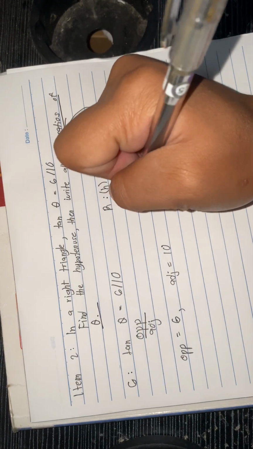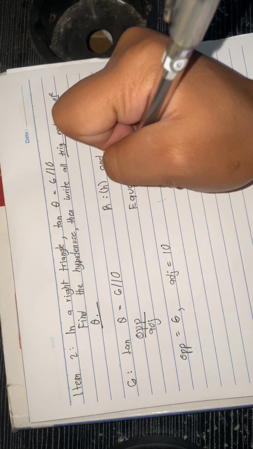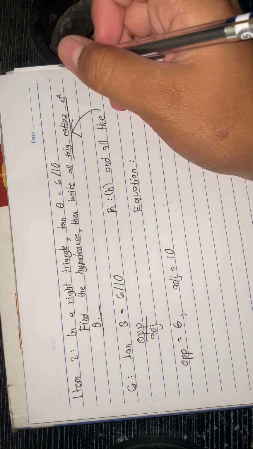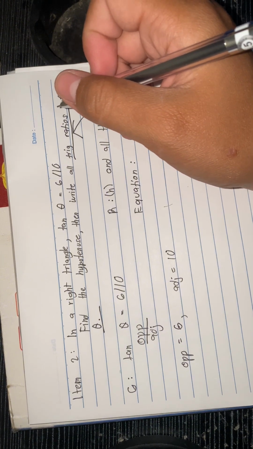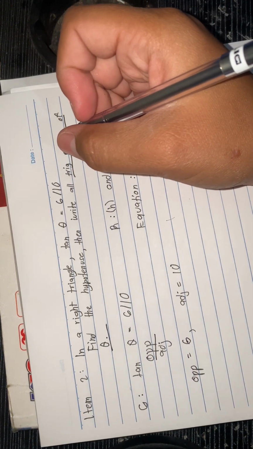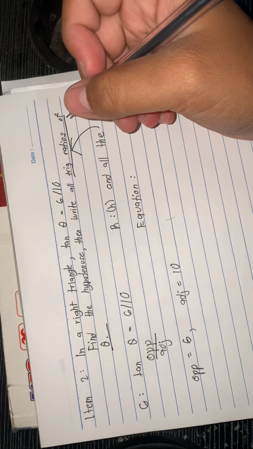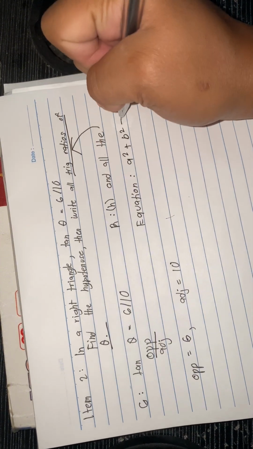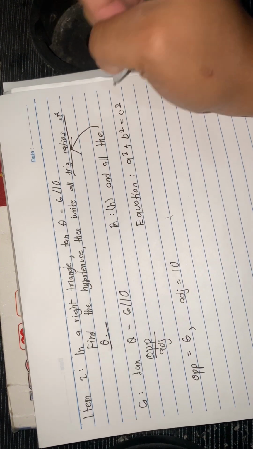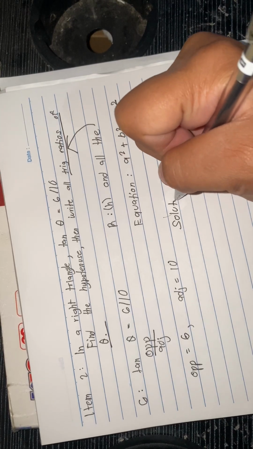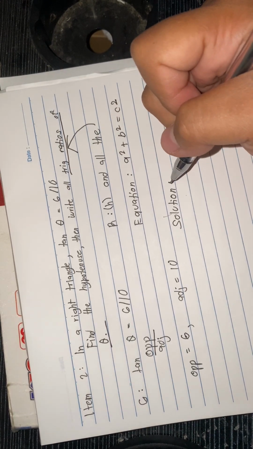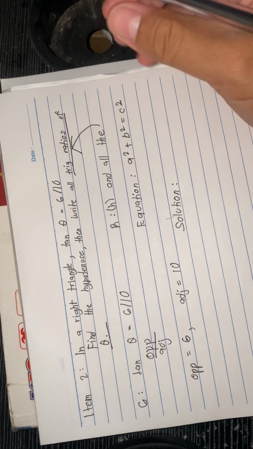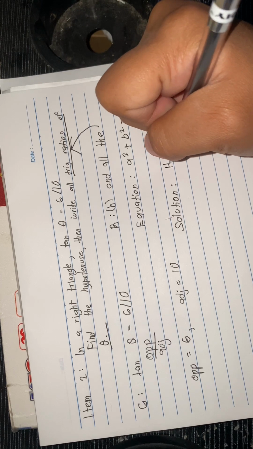So we will be using SOHCAHTOA in our equation, so we will be using a squared plus b squared is equal to c squared. Solutions. So the solution is, first find the hypotenuse.